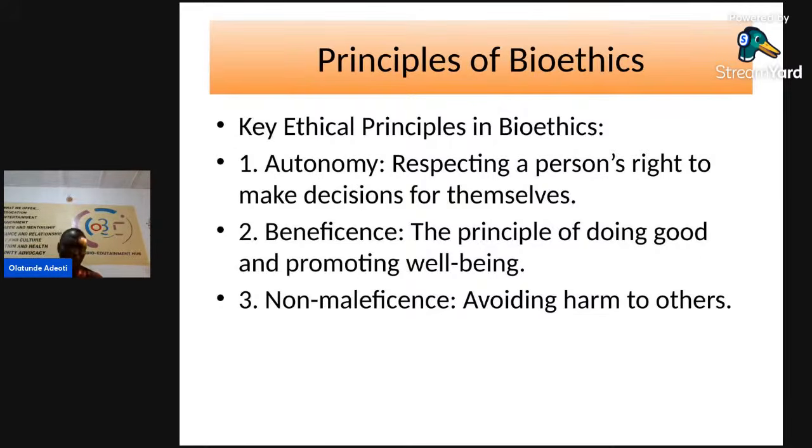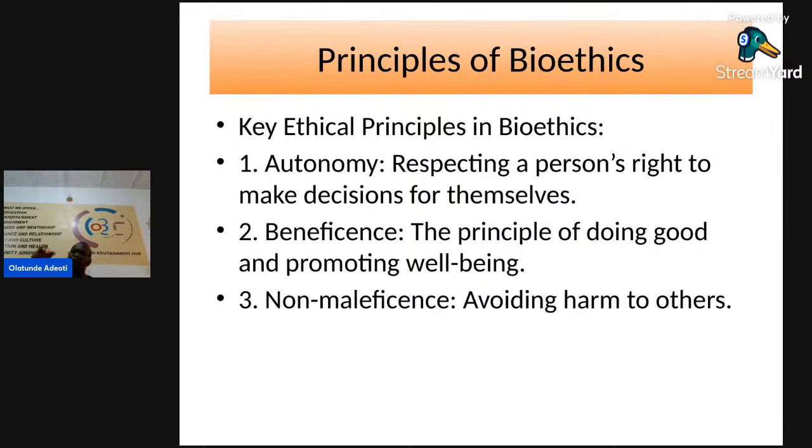Don't just impose, because by the time you are no longer respecting the autonomy of that person, that means you are no longer recognizing that he has the ability to make decisions for himself. Then another thing, which is the second principle, is what is called the principle of beneficence. And what do we mean by the principle of beneficence? That is the principle of doing good.